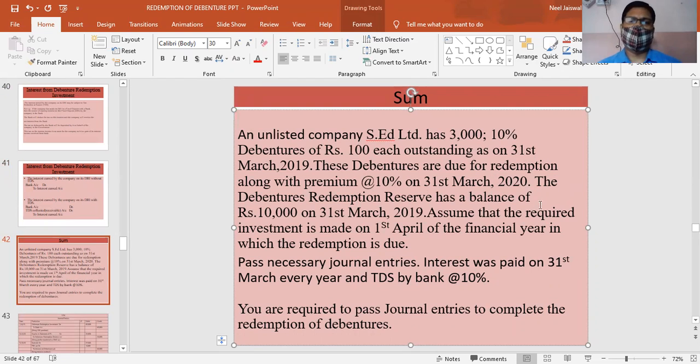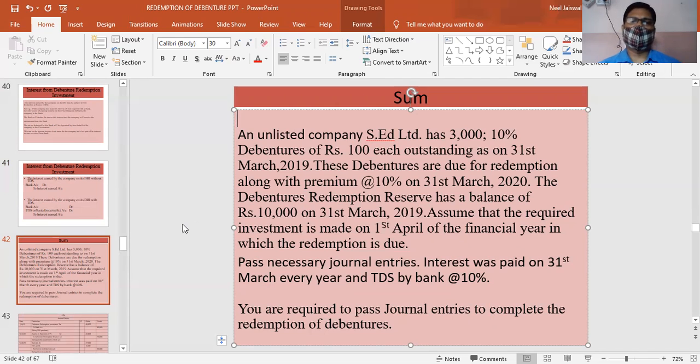The DRR has a balance of 10,000 on 31st March 2019. Assume that the required investment is made on 1st April of the financial year in which the redemption is due. Interest was paid on 31st March every year and TDS by bank at the rate of 10%. You are required to pass journal entries to complete the redemption of debenture.